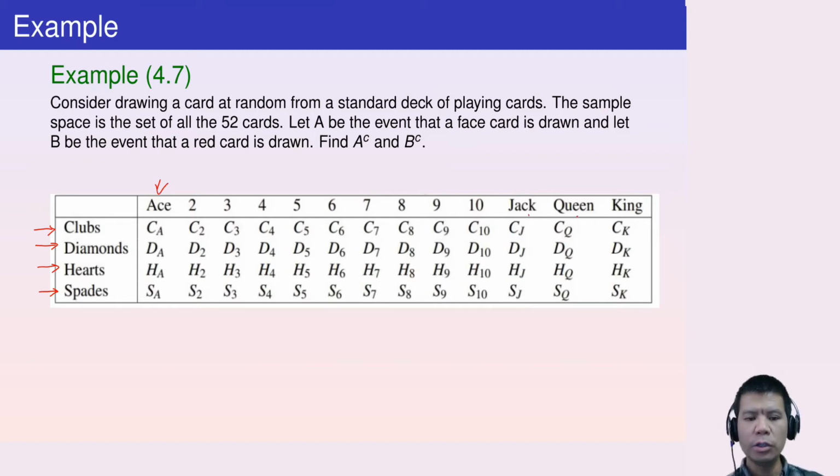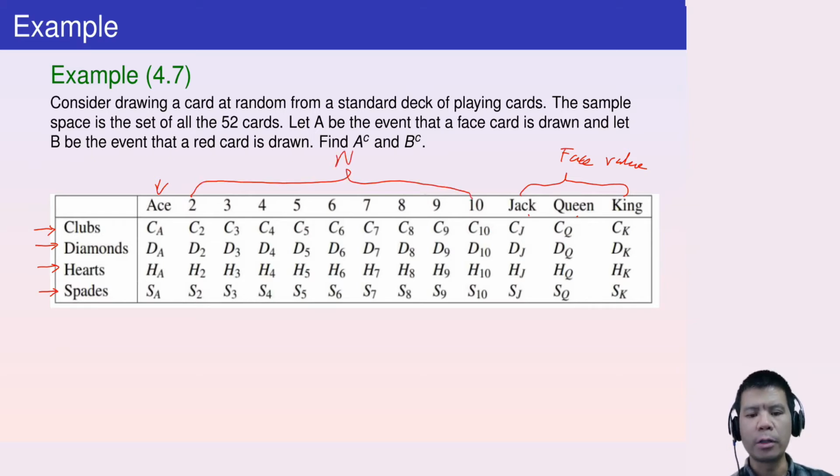Among these values, jack, queen, and king are face cards. And from 2 to 10, these are number cards. And then this is ace.